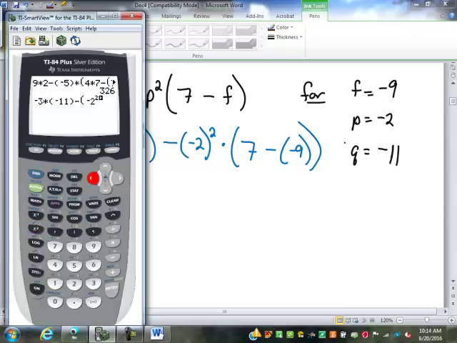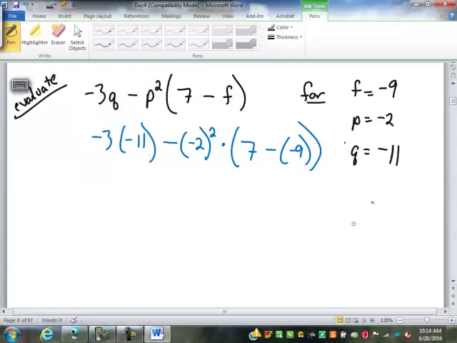Times, I should put that times in between the p squared and the next parentheses there. So times, parentheses, 7 minus, and I'll put in the parentheses, -9. And now that I've entered that correctly, I hit equals, and it should just pop up as a -31.